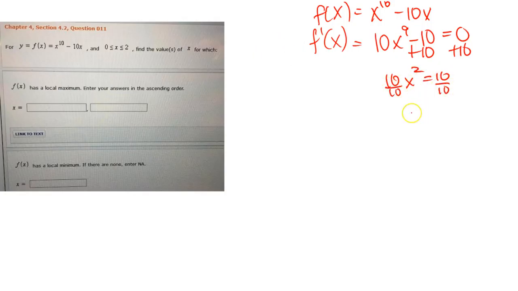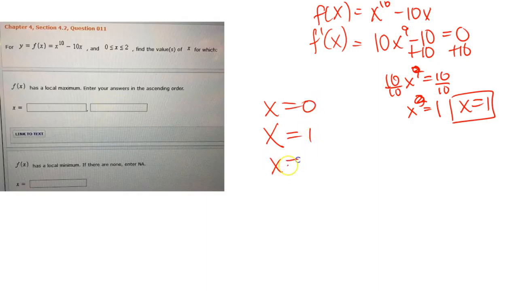We'll divide by 10. x to the 9th equals 1, so x has to equal 1. So that's our critical point, but we want to look at the edges. We have x equals 1, but our edges are x equals 0 and x equals 2.